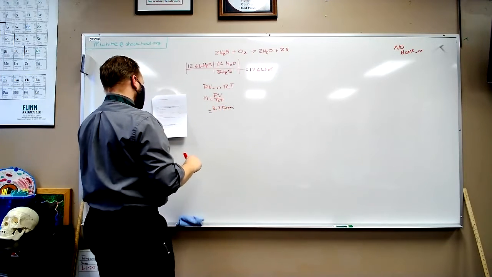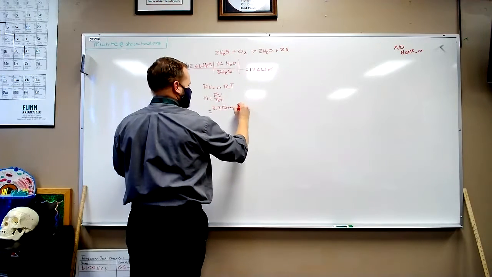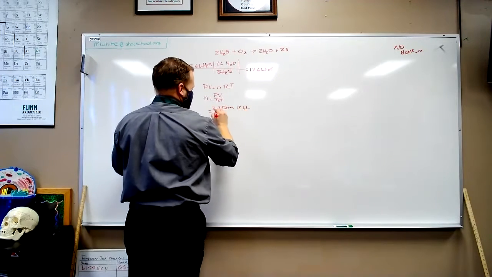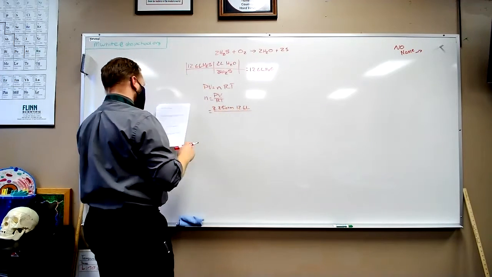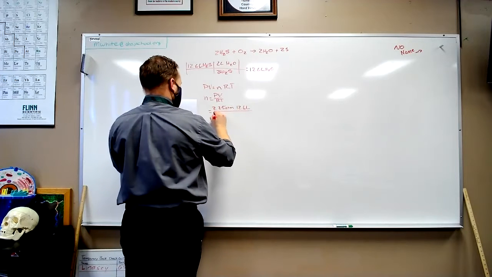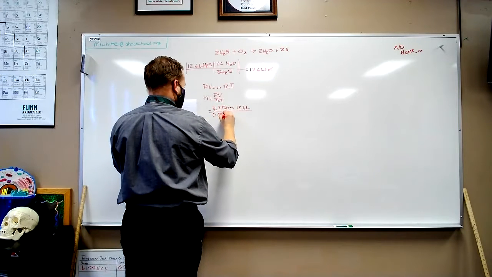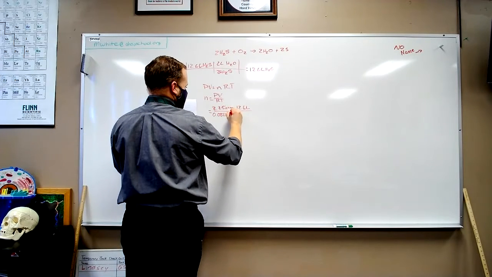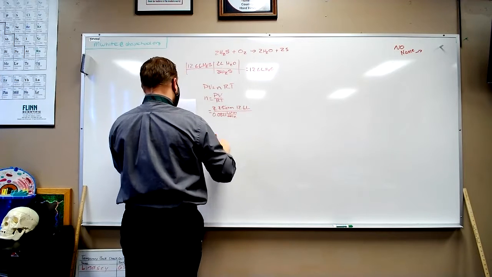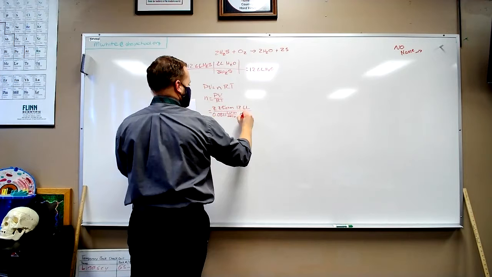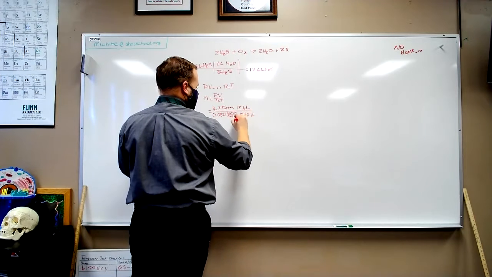Our volume, right there. R we get from the front of the test. We just have to pick the right value, which in this case is this, because we are in atmosphere. And our temperature gives us 542 Kelvin.